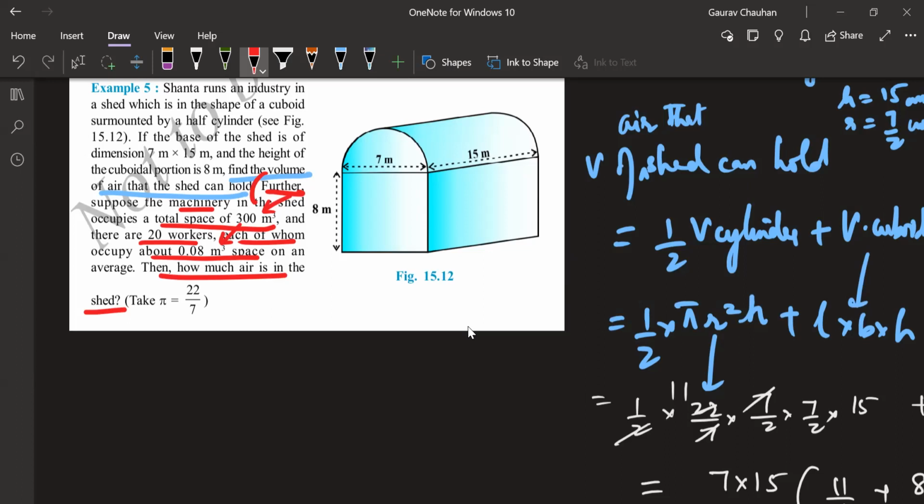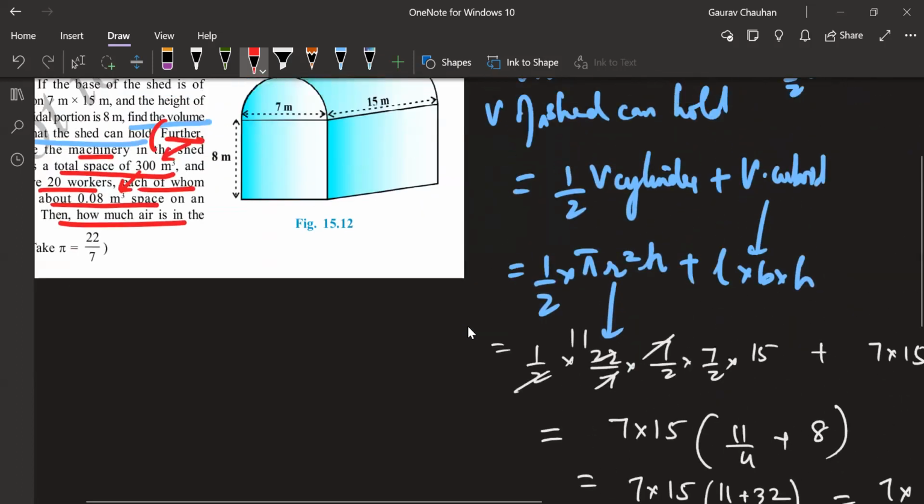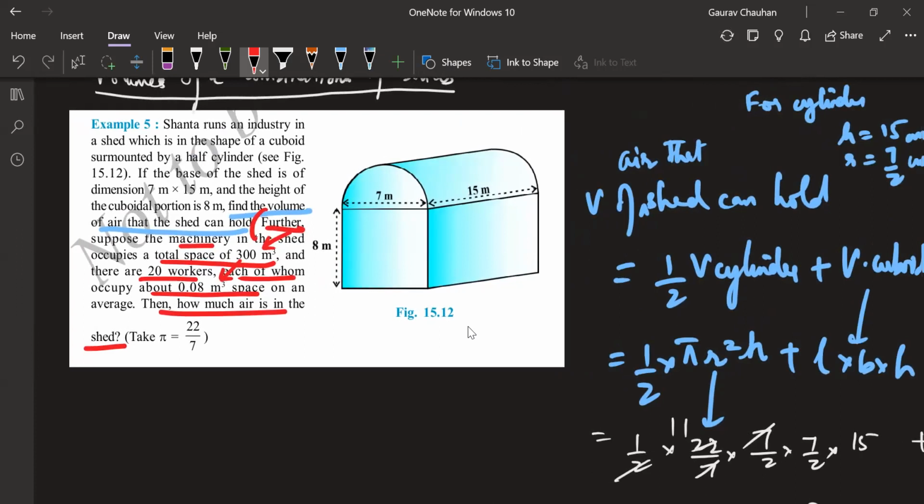Simple, right? We are going to add these values. Actually, air in shed will be equal to volume of shed, which we calculated before, minus volume of machinery, minus volume of workers.